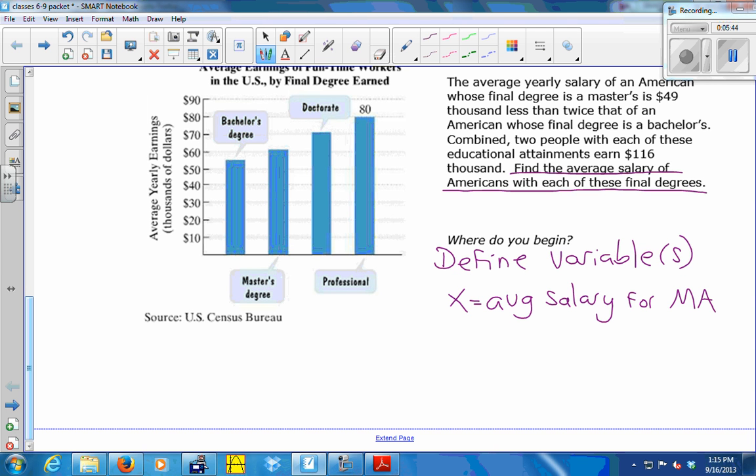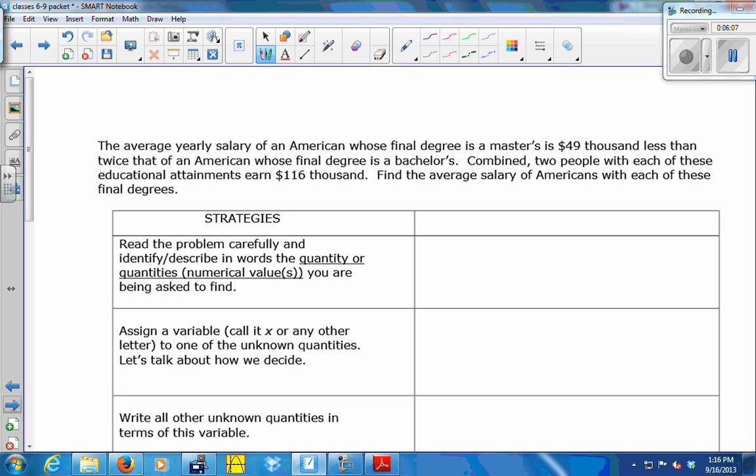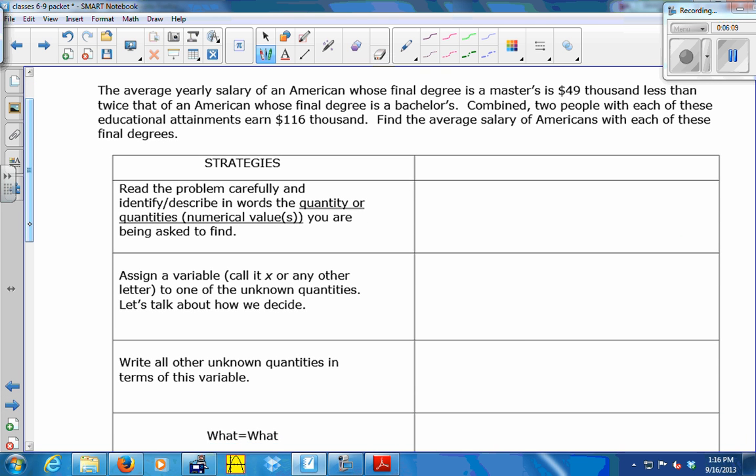We could give it another variable, or we could try to weed through the question and figure it out in terms of X. Okay, so let's call it Y for now. Okay, so the average yearly salary, I wrote the whole thing again.